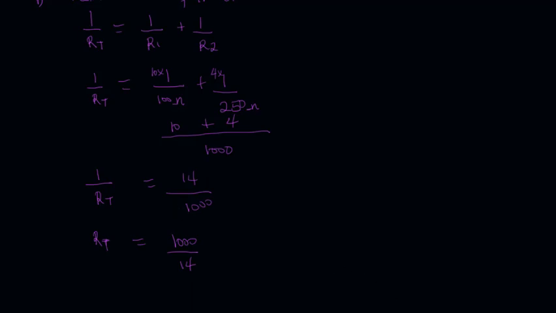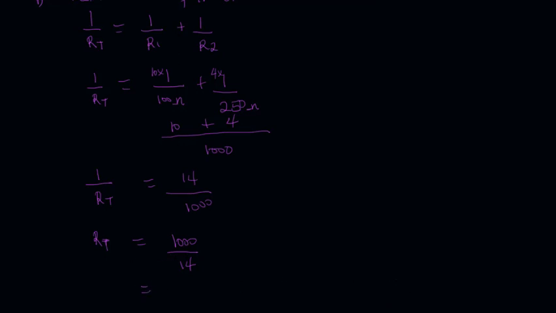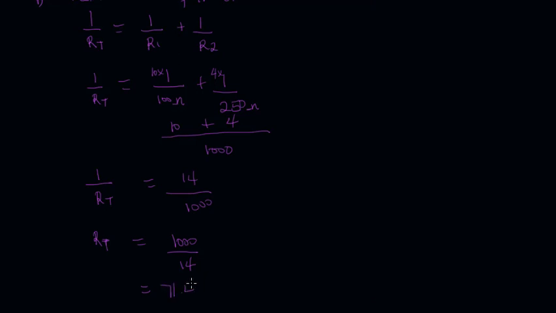Okay, so let's grab our calculator and then we can find our answer here. RT is equal to 1000 divided by 14, which equates to 71.43. So we can write 71.43 ohm. That's our resistance in loop A.